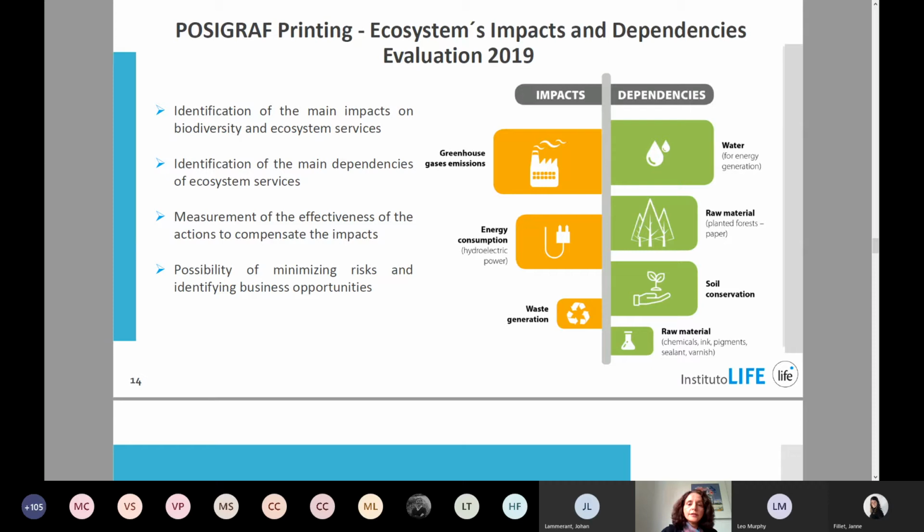So you saw that Posigraph has higher impact on greenhouse gas, energy, and waste, and higher dependence on water because they use a lot of energy, and energy in Brazil is generated, most of it, by water or hydroelectric power. They are also dependent on raw material as planted forest and chemicals and soil conservation, important for planted forest as well. Next one.